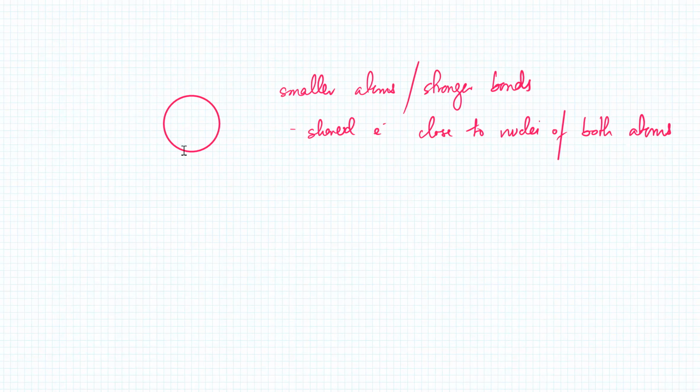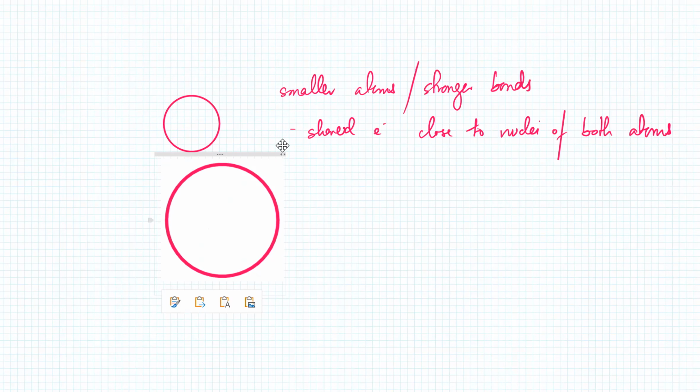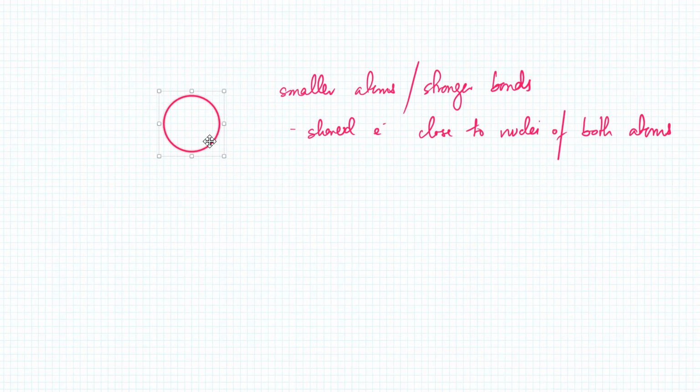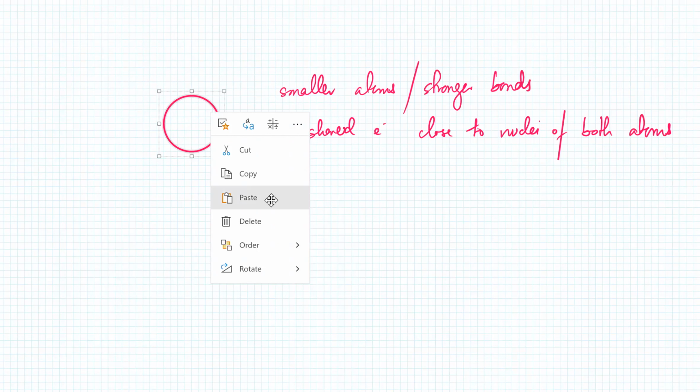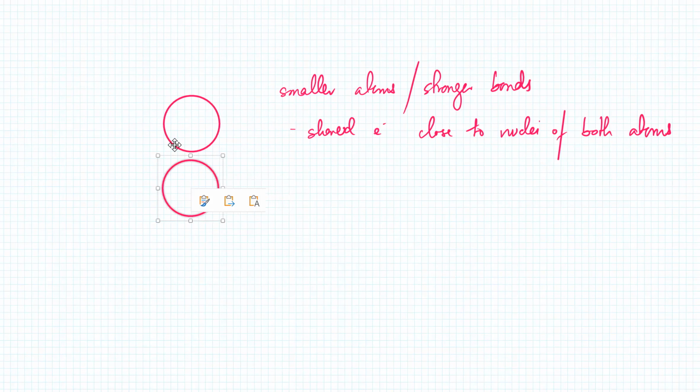So if I have this and I've got another one, they're two small atoms, right? And if they start sharing electrons, the shared electrons would be very close to both nuclei.